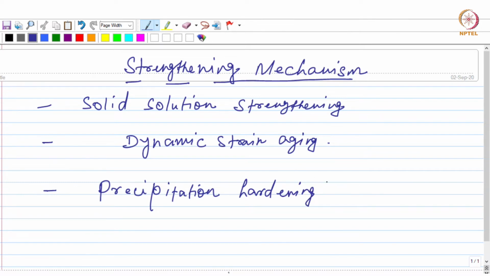This also goes by the name age hardening. So you have seen out of the several aluminum alloys, some of them are heat treatable and some of them are not. So when you see heat treatable aluminum alloys, it essentially means that they are precipitation hardenable.